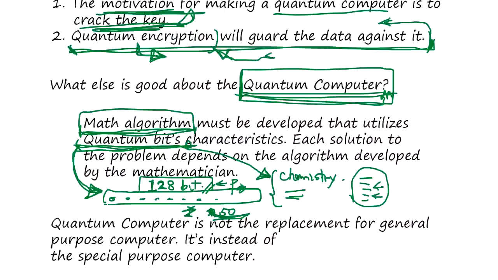One secured communication method uses quantum communication, and quantum communication is not hackable. Physically it's not hackable. I have another video, please check it out. It explains why you cannot hack quantum communication. Physically it's impossible.